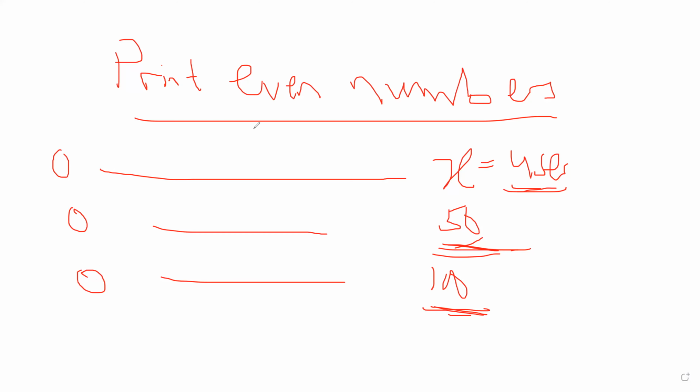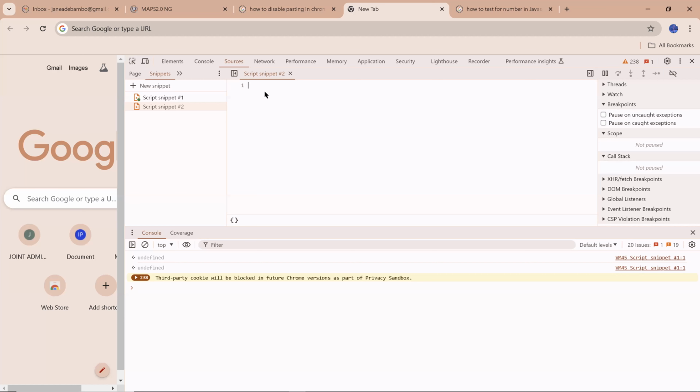So now let's go to the snippet. And if you remember that if you want to get an input, why am I not typing? It's not typing. Why? What's going on?